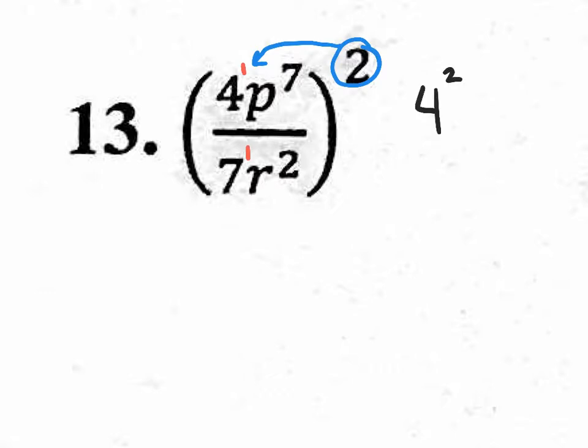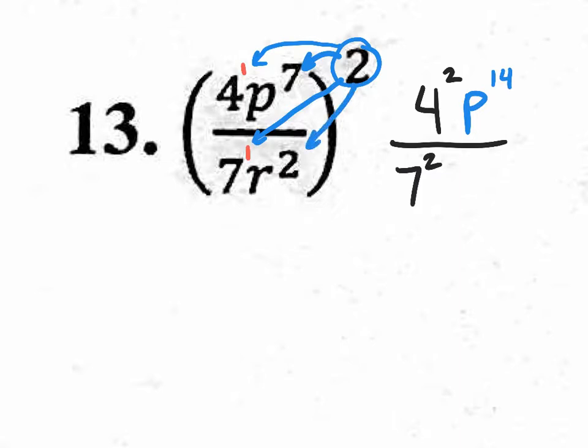And then you distribute that 2, multiply it by 7, you're going to end up with a p to the 14th power, right? And then it's going to be over 7, you're going to take the power of 2 and multiply it with that power of 1, and we end up with 7 to the what? 2nd power. And last but not least, we're going to end up with the 2 being multiplied with that 2, r to the what? 4th power.